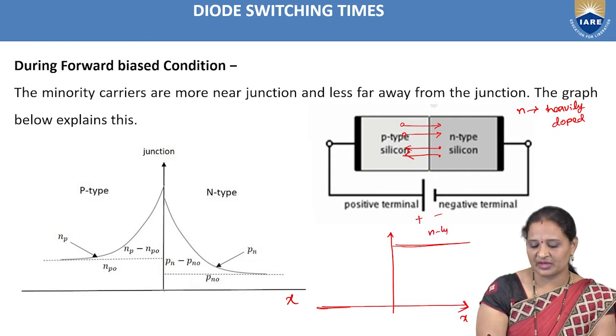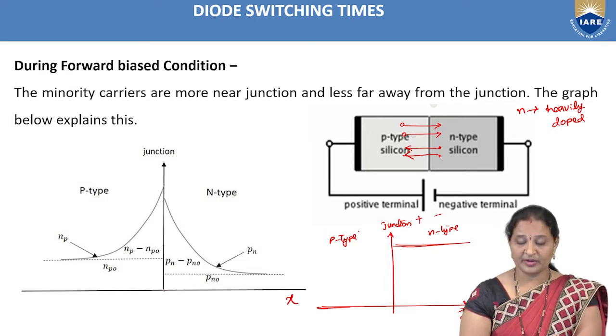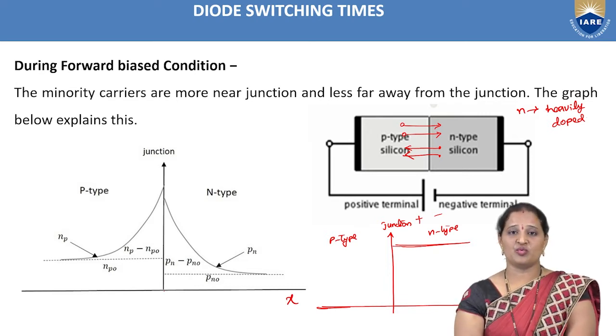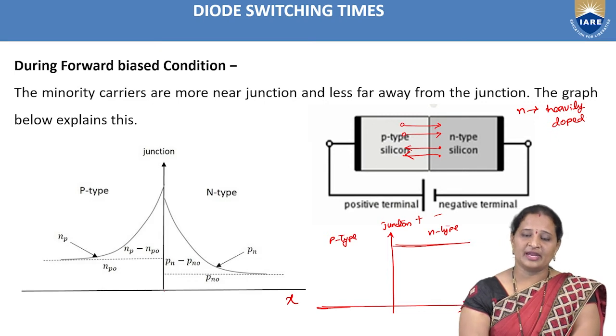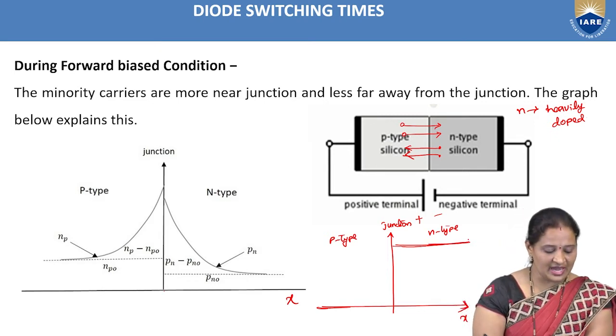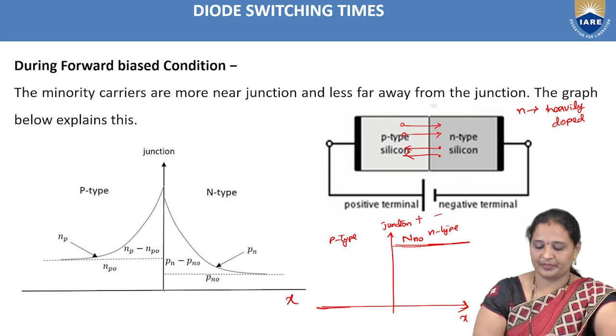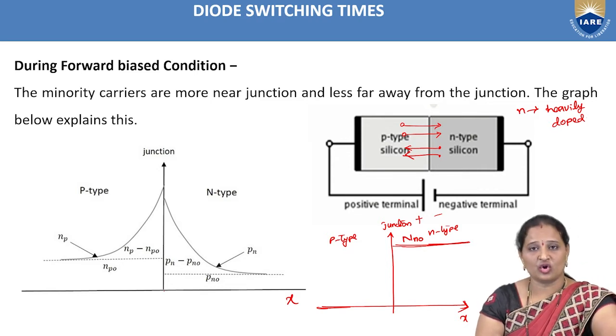This is the n-type semiconducting bar, this is my junction, and this is my p-type semiconducting material. As the n-type material is heavily doped, the majority charge carriers are more in n-type when compared to the p-type material. So this line represents the majority charge carrier concentration in n-type material, which is nothing but Nn naught.